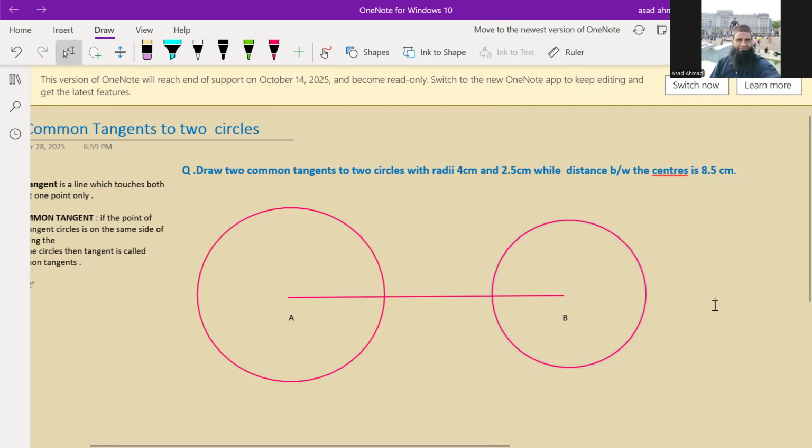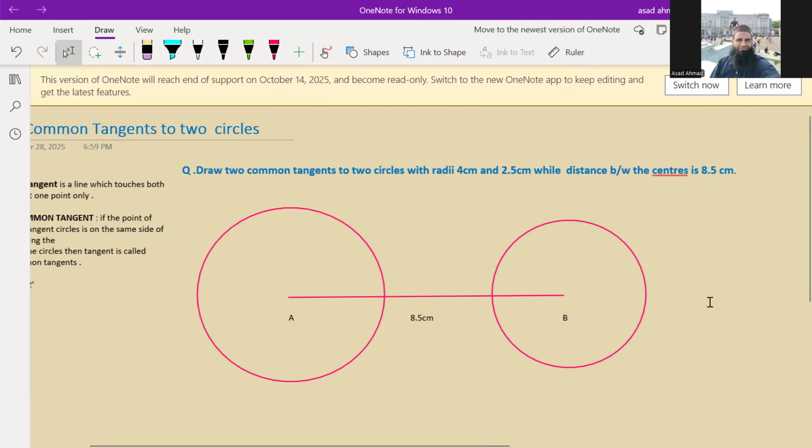Circles will be drawn taking centers A and B. The radius of the first circle is 4 centimeters and the radius of the second is 2.5 centimeters, while the distance between their centers is 8.5 centimeters.